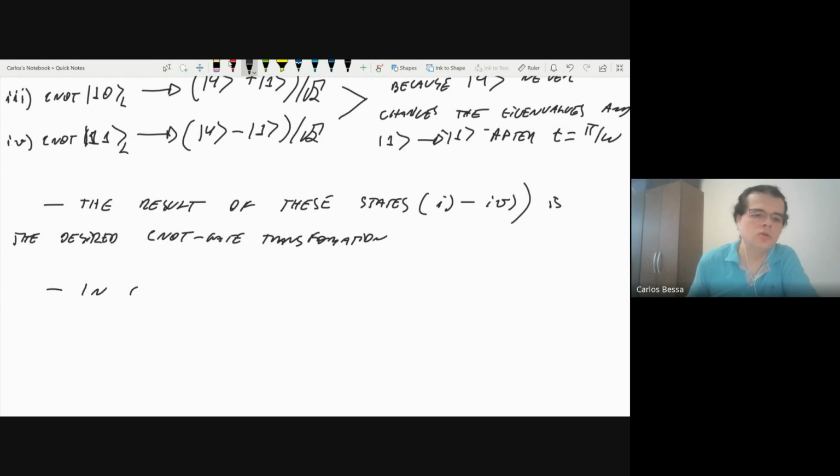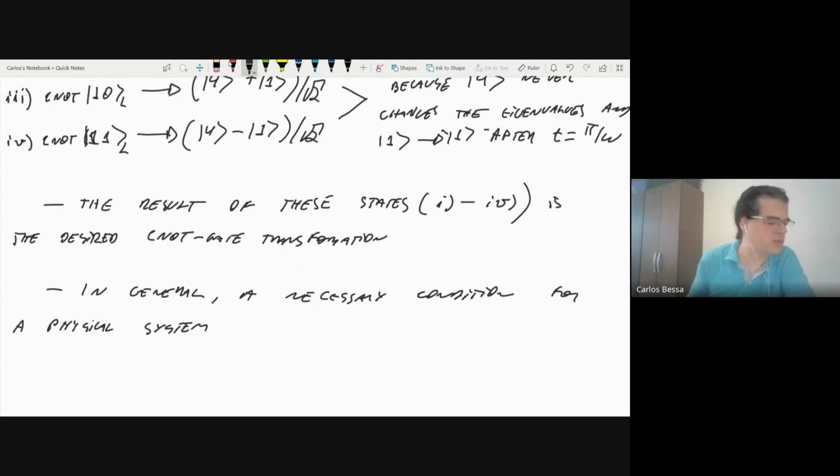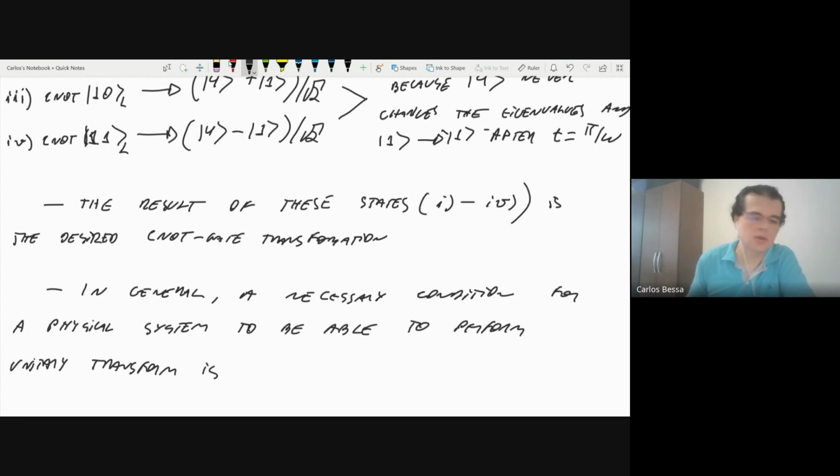So in general, I think a necessary condition for a physical system to be able to perform unitary transforms, which is necessary for quantum computation, is simple.